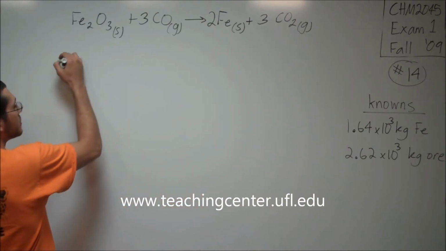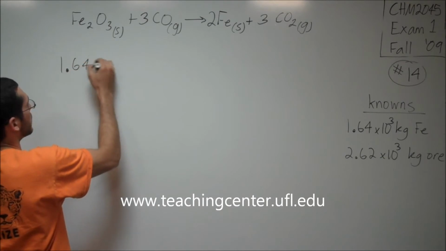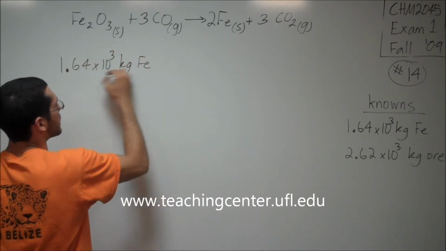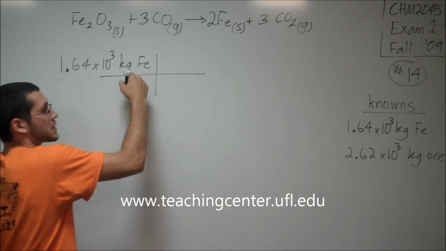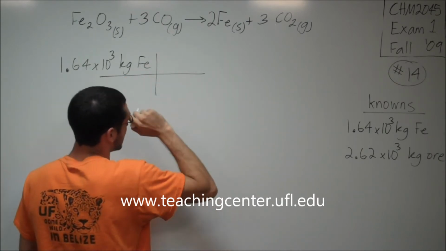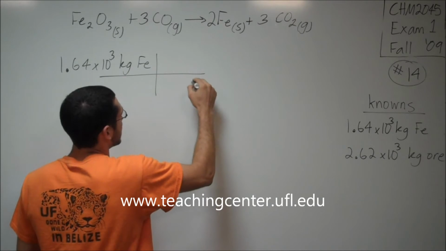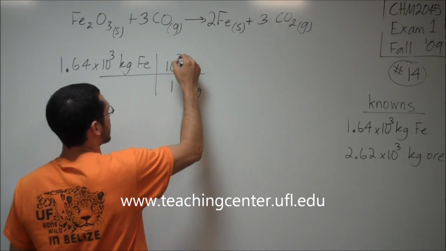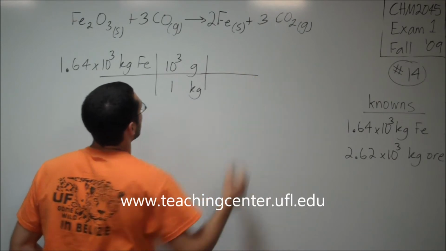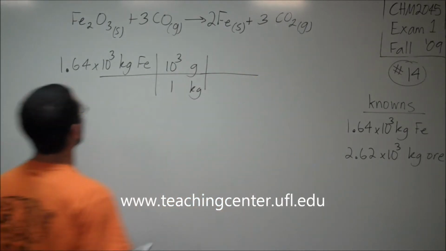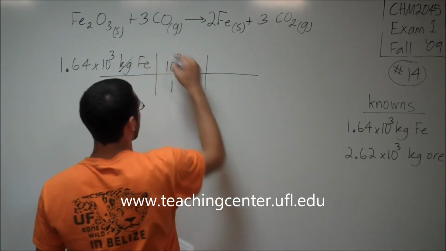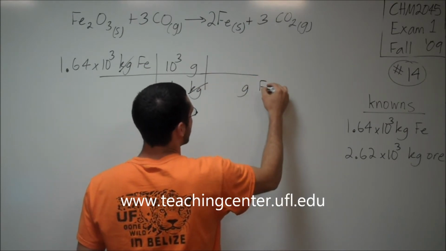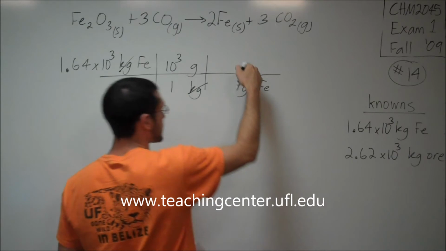Let's start out with what we're given. 1.64 times 10 to the third kilograms of Fe. I need to convert to grams because kilograms is useless in chemistry. Kilograms to grams. For every 1 kilogram, I have 1,000 grams. Kilograms cancel. Now I need to cancel grams Fe with something.